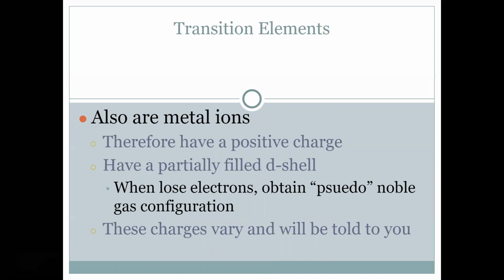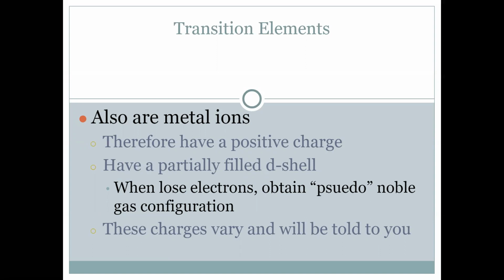Like I said, transition elements do exist. They are also metal ions. They also have a positive charge, but the difference is that they have a partially filled D shell. We talked about D shells. When they lose electrons, they get a pseudo noble gas configuration, and their charges are going to vary.